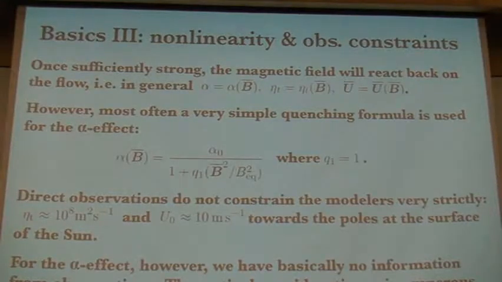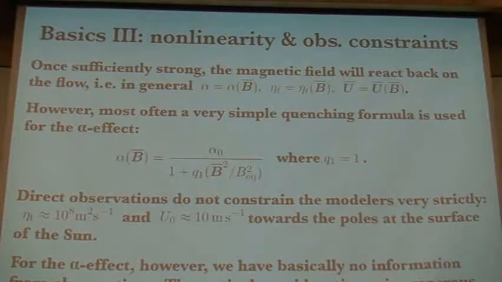But we do have some theoretical considerations, but they also give very generous minimum and maximum values for our alpha effect. So the minimum is of course 0 and the maximum is of the order of the turbulent velocity. And we know that the turbulent velocity near the surface of the Sun is 1 kilometer per second. If we would have an alpha effect of 1 kilometer per second, this would be very, very nice. But we don't believe that it is that big.